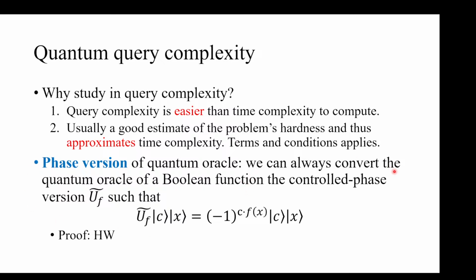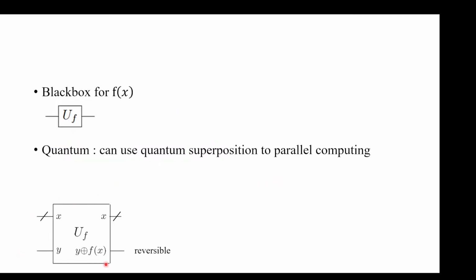Another summarizing thing I want to say here is the first version of the quantum oracle. And this is something you already did today. That is, you can do phase kickback. Basically, this is kind of a more formal way to say phase kickback. So we define the quantum oracle as this. This is kind of a standard version of the quantum oracle.